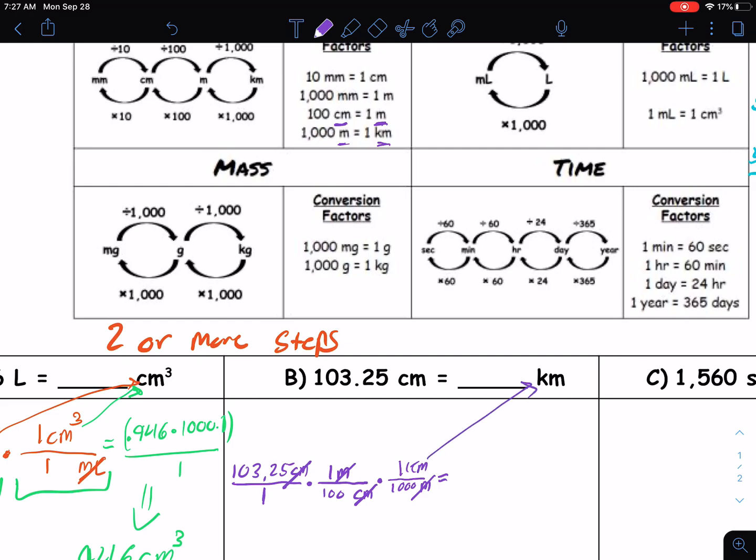So we're good there. Now what we're going to do is just go through the mathematical operations. We get 103.25 times 1, so it's just 103.25 divided by 100 times 1,000.